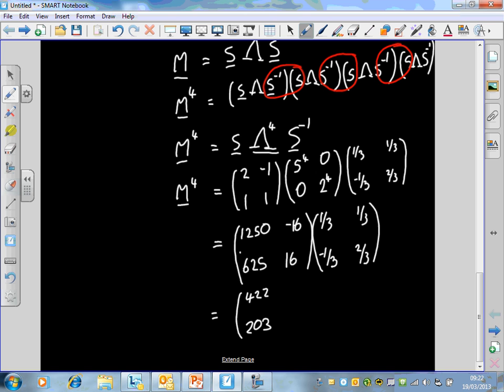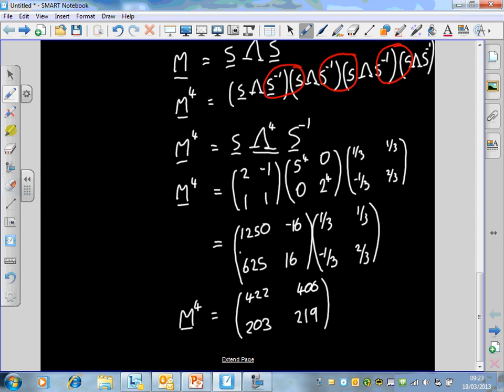Here we have a third of 1250 minus 2/3 of 16, so 1250 minus 32 divided by 3, that's 406. And a third of 625 plus 32, so 625 plus 32 divided by 3 is 219.